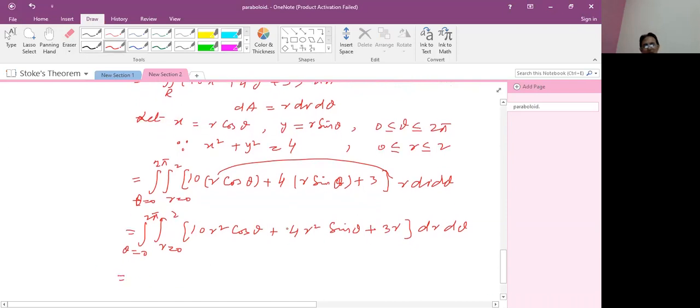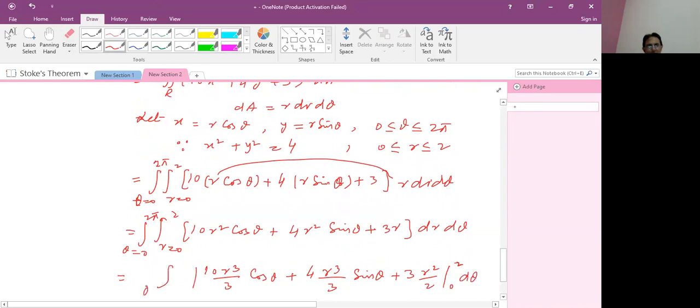Now when we integrate with respect to r, we get 10 r cube over 3 cos theta, keeping theta constant, plus 4 r cube over 3 sin theta, plus 3 r square upon 2, with r from 0 to 2, into d theta, and theta from 0 to 2 pi.